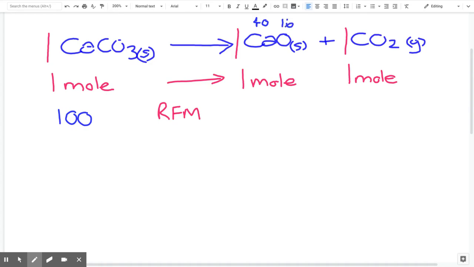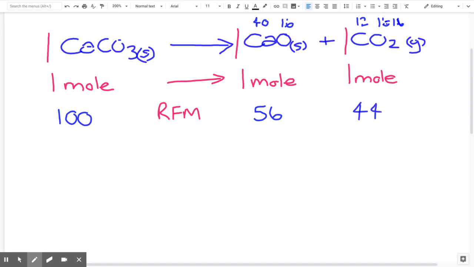There's 1 of each, so we add 40 and 16. That gives us an RFM of 56 for calcium oxide. For carbon dioxide, carbon weighs 12 and oxygen weighs 16, but as you can see, there are 2 of those, so if we add that together, that gives us a mass of 44.